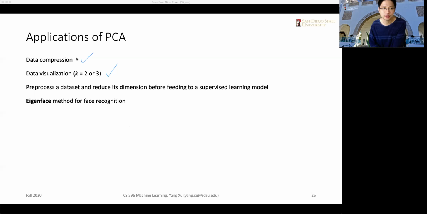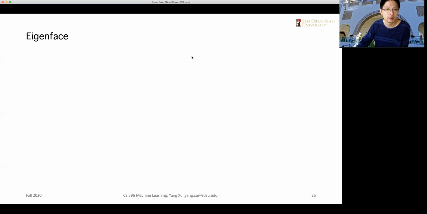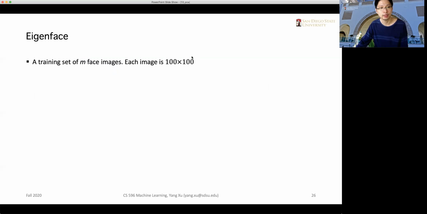Another famous example is called Eigenface. By looking at the principal components of a collection of face images, we're able to build a face recognition algorithm really quickly. So let's look at that example real quick.